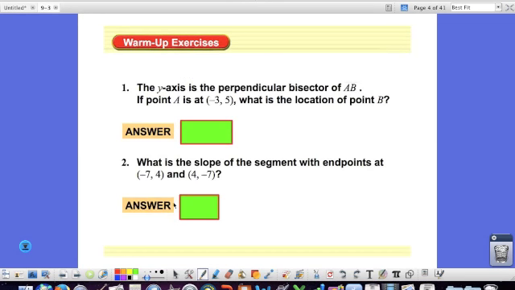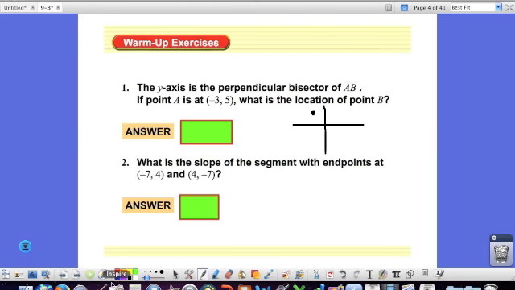For today's warm-up, the first problem is the y-axis is the perpendicular bisector of AB. If point A is at -3, 5, what is the location of B? So you have to kind of picture this here. You have an X and a Y axis. A is at -3, 5. So that's 3 spaces from the Y axis.